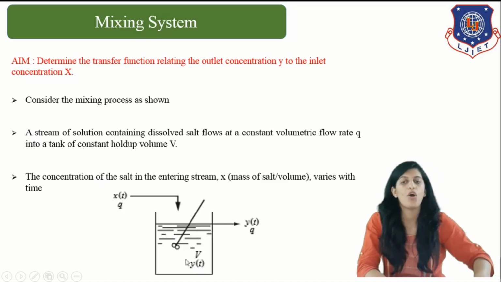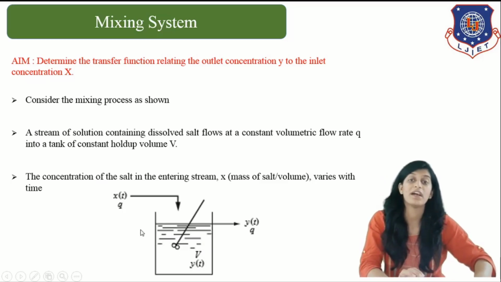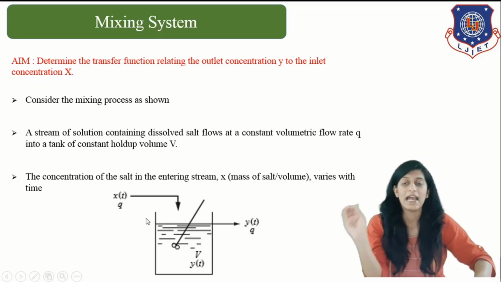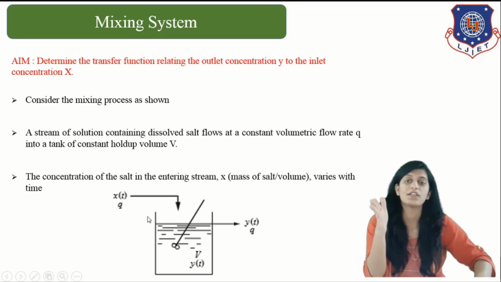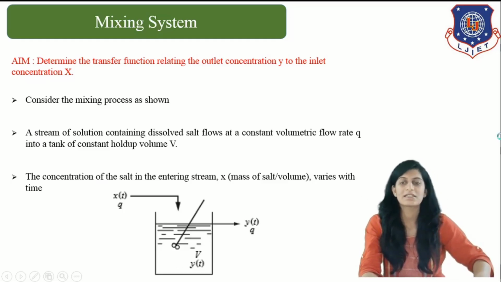V is the volume of liquid holdup inside the tank. So the volume of holdup remains constant here, right? We are assuming that the tank has a constant holdup volume, capital V. So let's start.